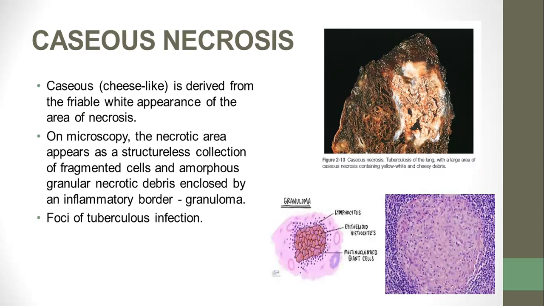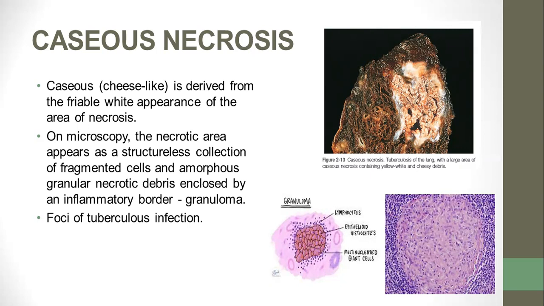Next is caseous necrosis. Now, the term caseous means cheese-like and it is derived from the friable white appearance of the necrotic area. On microscopy, the necrotic area appears as a structureless collection of fragmented cells and amorphous granular necrotic debris, which is basically central caseous necrosis, and this is enclosed by an inflammatory border comprising epithelioid cells, which are basically macrophages, lymphocytes, plasma cells, and Langhans type of giant cells.